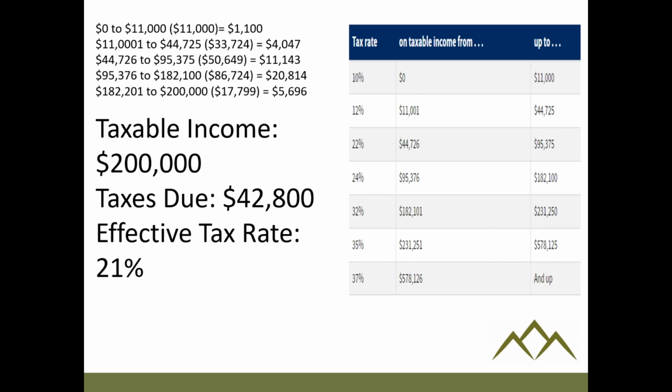From $11,001 to $44,725, they're paying 12%, and you see the amounts being taxed there. Effectively, if you add up all the brackets they've shot through to the point of the marginal tax rate they're in, you'll see that the total taxes due are $42,800, which is an effective tax rate of 21%. And the reality is they're really only paying 32% on $17,799 in the grand scheme of things.